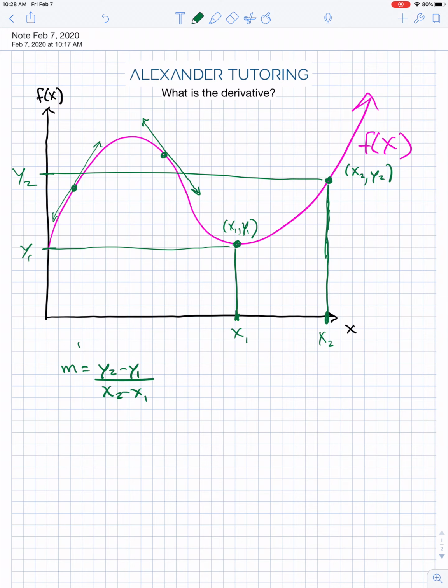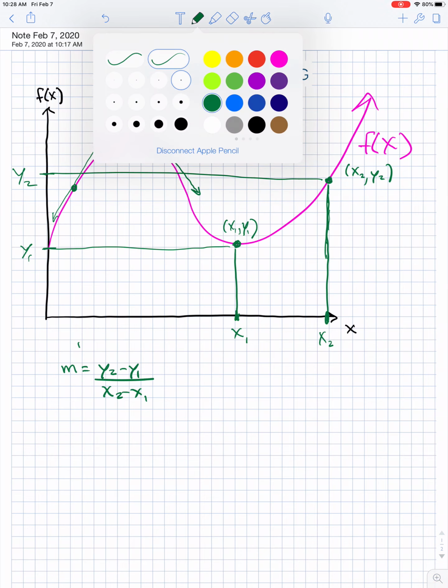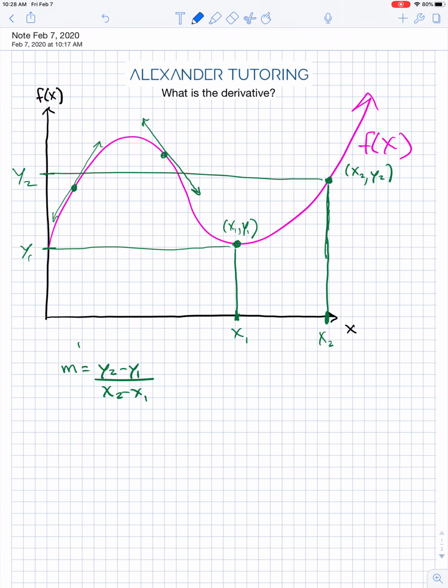Okay, so let's just run this through our formula and see what happens. If we pass these points through our standard slope formula, what we're going to end up calculating is the slope of the line that goes through those 2 points. Okay? We just calculated the slope of that line.